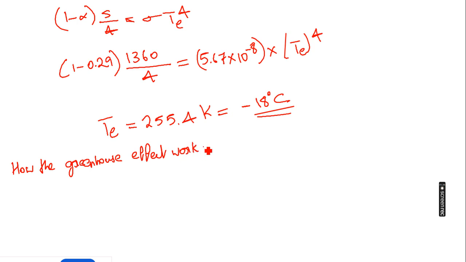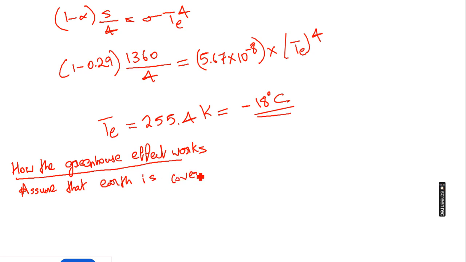As you told, the greenhouse gases, mainly water vapor and carbon dioxide, are absorbing some of the radiation emitted by the surface of the Earth and maintaining a higher temperature on the surface. So let's see what the temperature will be once we include the greenhouse gas effect as well.